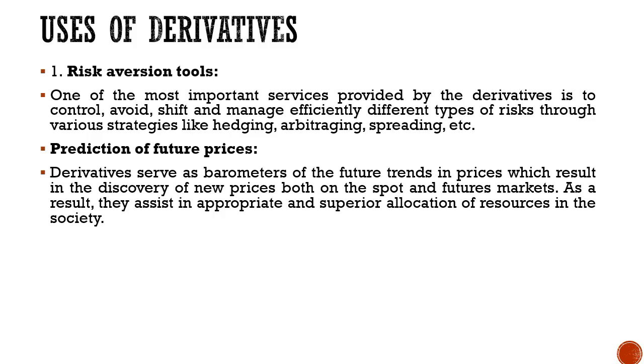Derivative helps basically in predicting not only the spot price but also the future price. Thus it helps you to find out both the spot as well as future market, and as a result it assists in appropriate allocation of resources in the society. The next use of derivative is that it enhances liquidity.